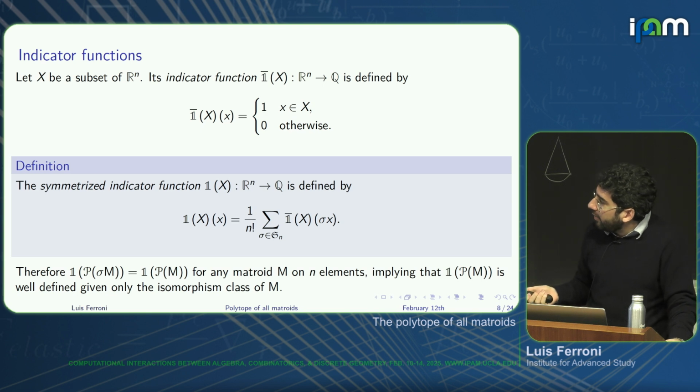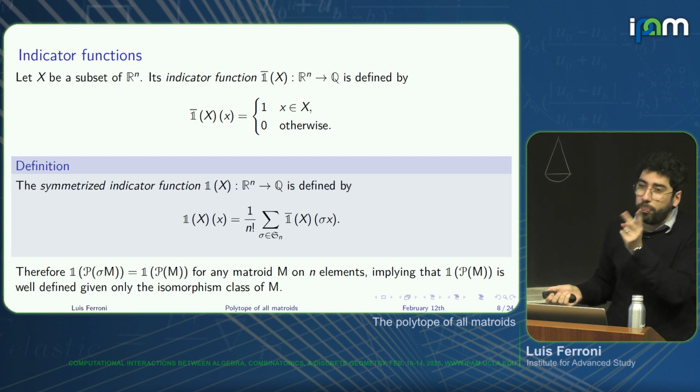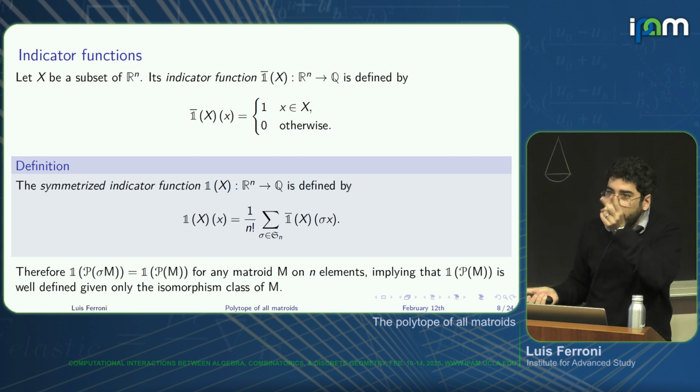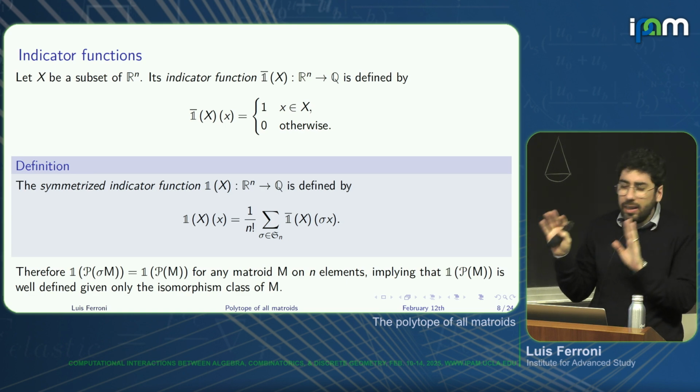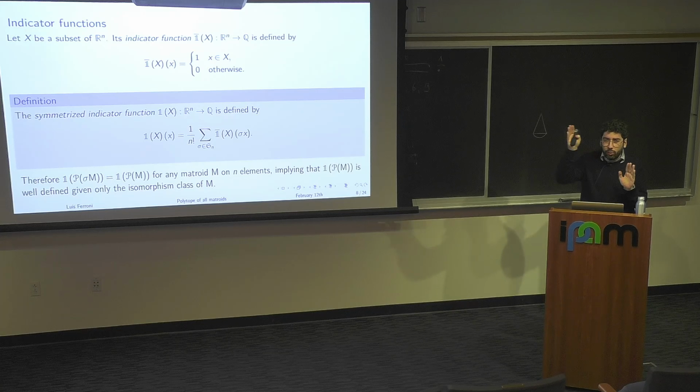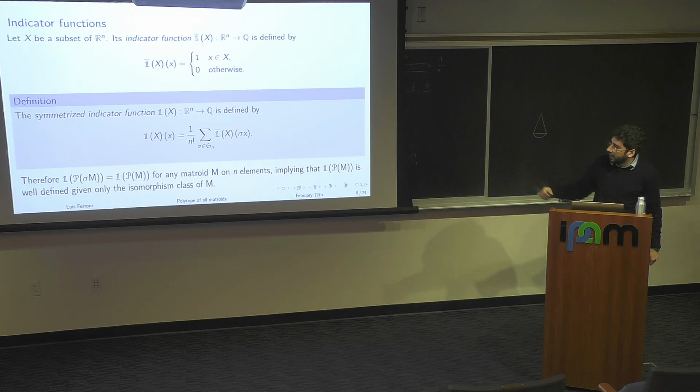If you give me a set and a point small x in R^n, I take 1 divided by n factorial and sum all these overlined indicators over all ways of permuting the coordinates of the point x. Is it clear what I'm doing here? What you have to remember is that the good indicator function is the one with the overline. The reason for that will be clear in a moment.